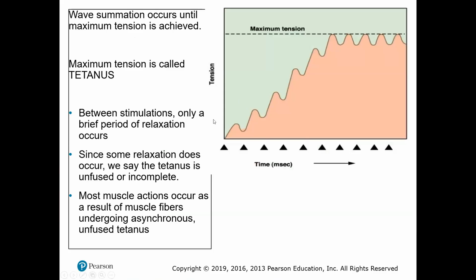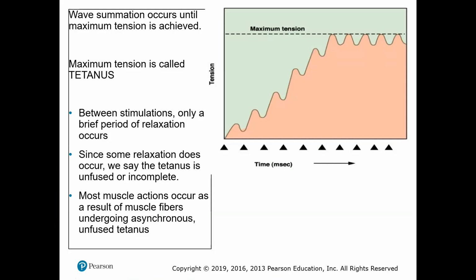And if we do it again, we'll get a third contraction that's even greater than the first two, and a fourth contraction greater than the first three, and a fifth contraction greater than the first four, and so on. We'll continue to build as we have more and more calcium left behind.